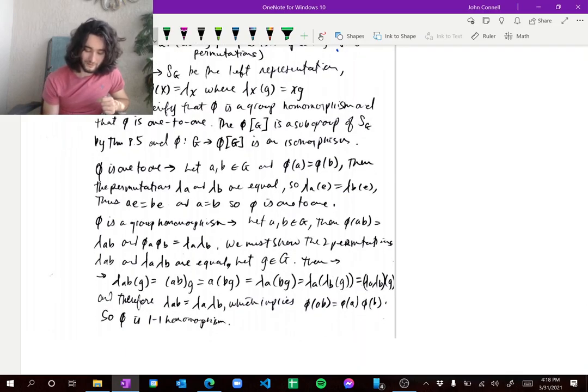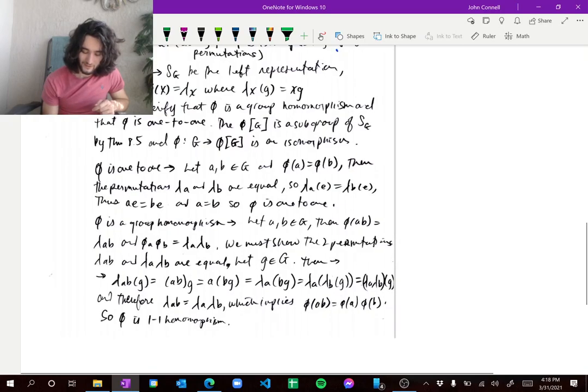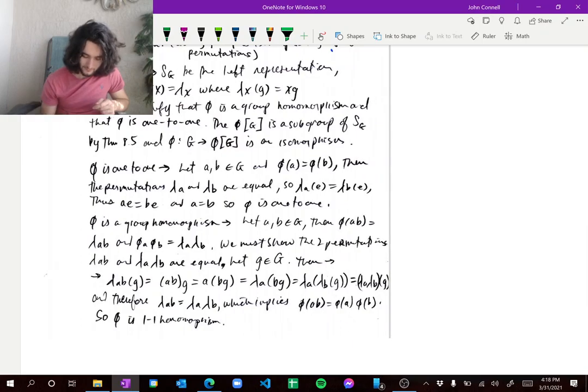So this person wisely defines a function from G to S_G called phi, and what it does is it takes in an element x of G and turns it into lambda sub x. And what is that?